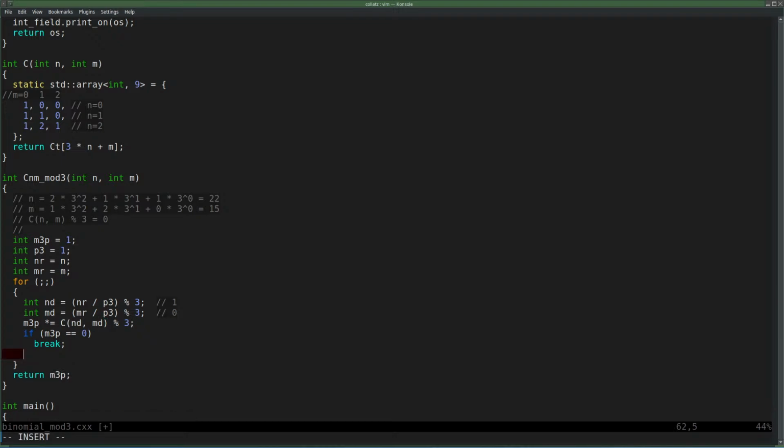Otherwise, we have to update, I guess, my residue. Or do we not? Maybe not. No, I just divide by P3. And then the modulo 3 is just the next one. So the only thing I have to do is P3 becomes 3 times as big.